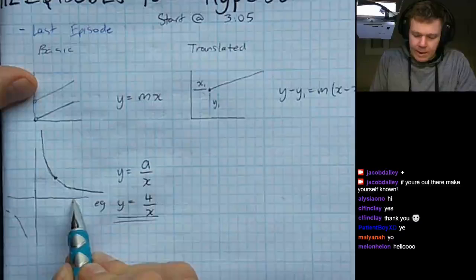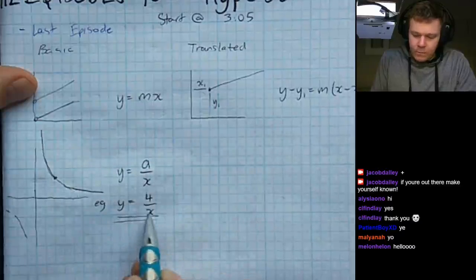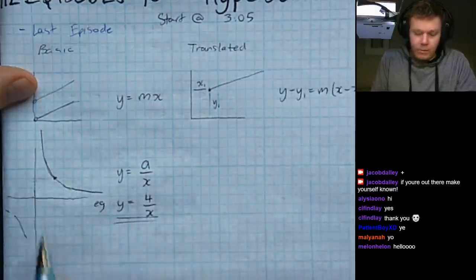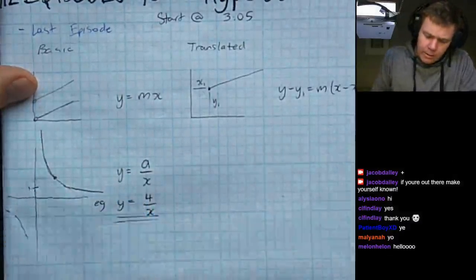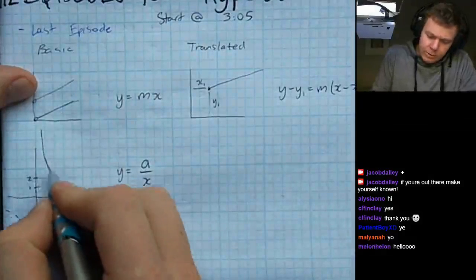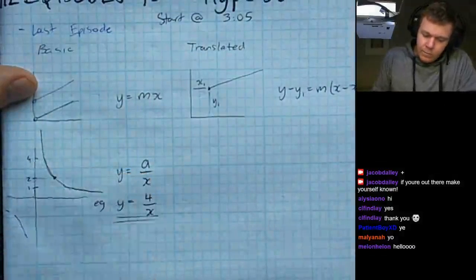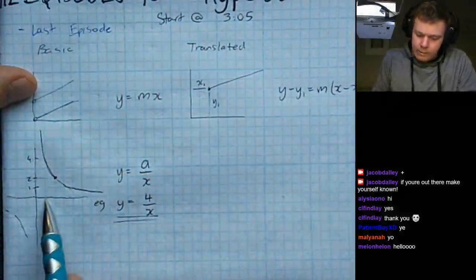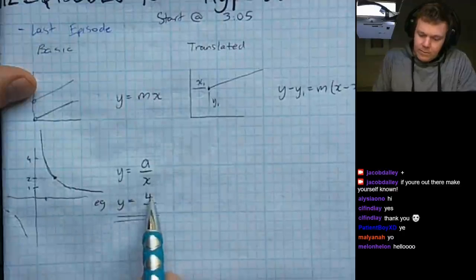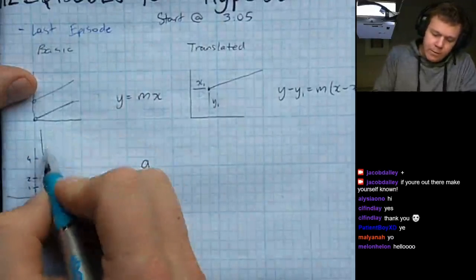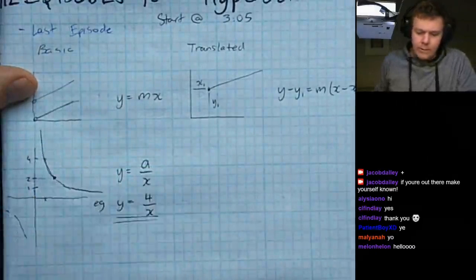If we had x equals 4, 4 divided by 4 would be 1, so your y coordinate ends up being 1. And up here when x is 1, 4 divided by 1, y is 4. So that's why you get that point there.